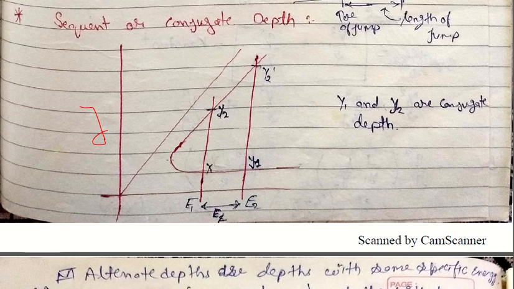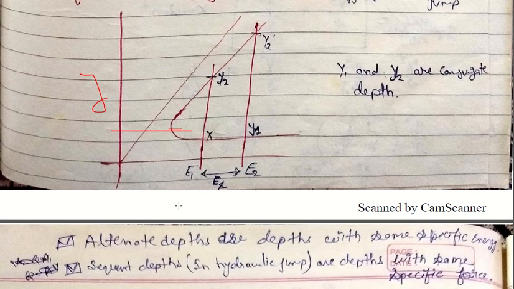At the critical depth the specific energy will be minimum. Above the critical depth the flow is subcritical, and below the critical depth it is supercritical.